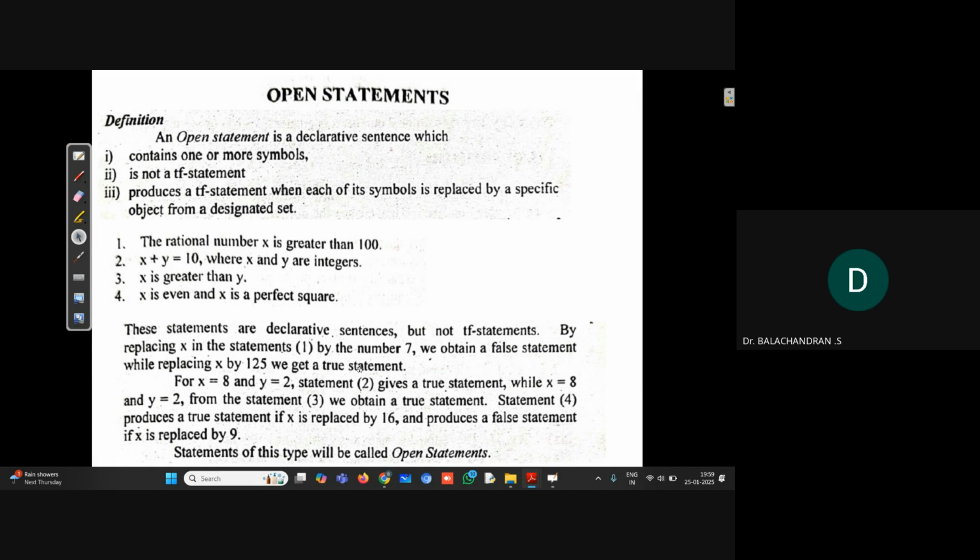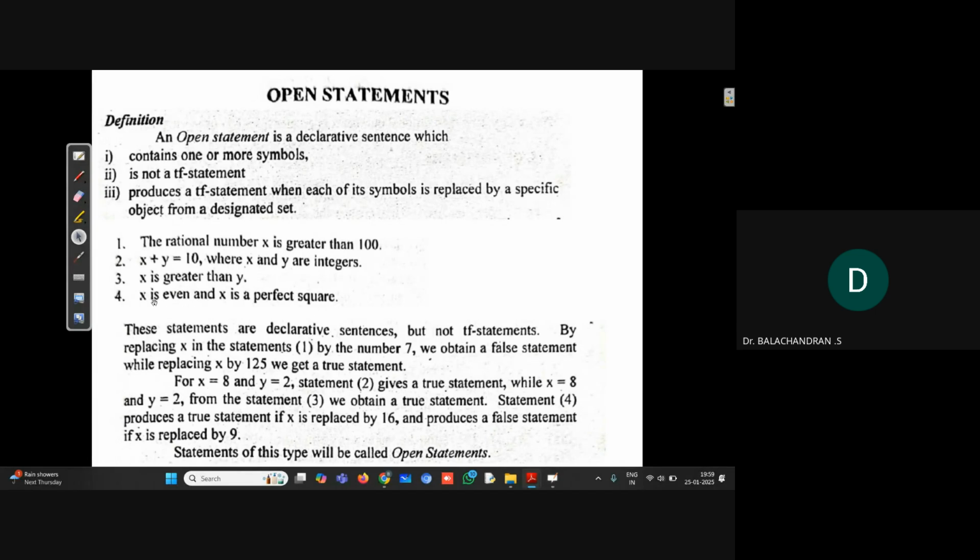Similarly, in the second one, x plus y equals 10, where x and y are integers. This is an open statement. If you put specific values, x equal to 8 and y equal to 2, the statement is true. The last one: x is an even number and x is a perfect square number.